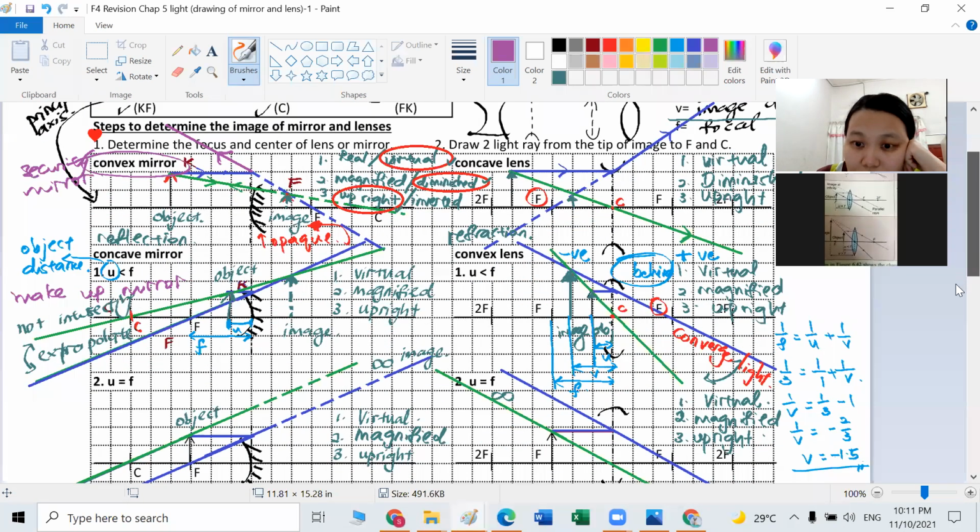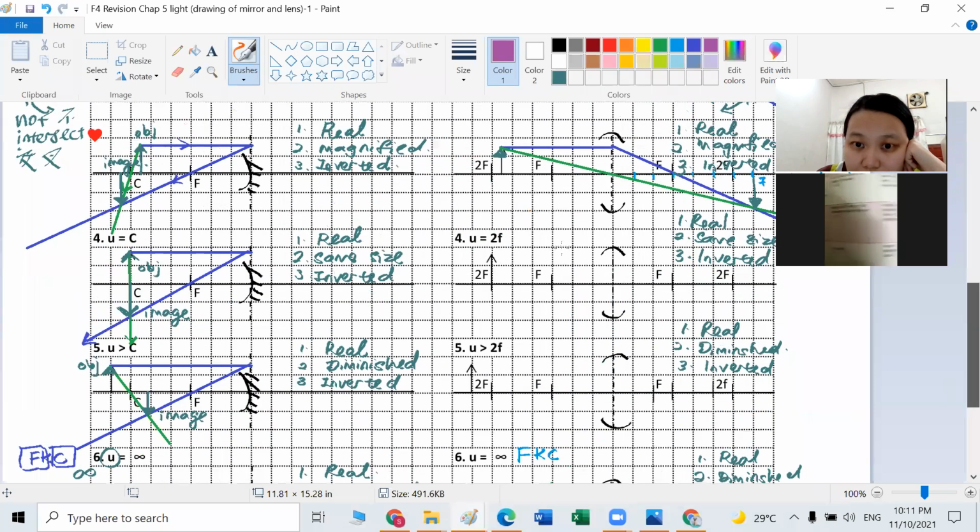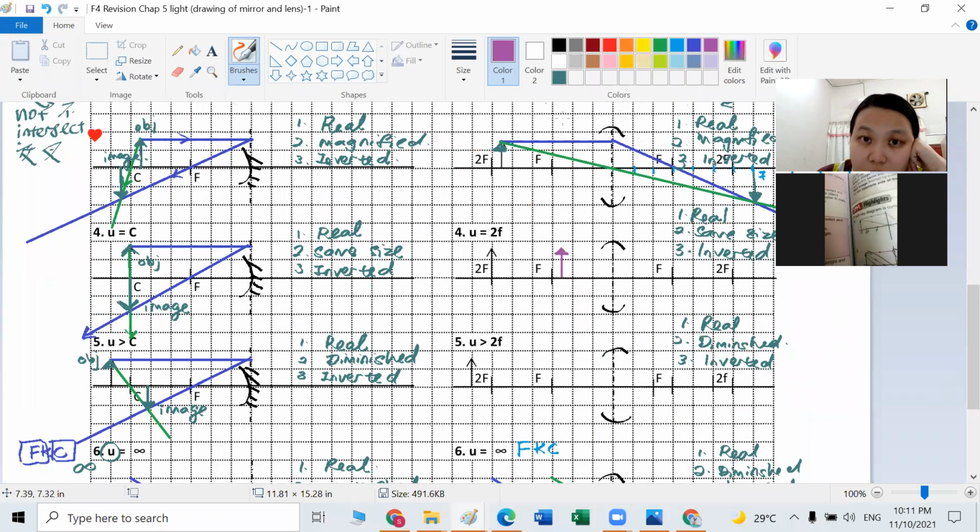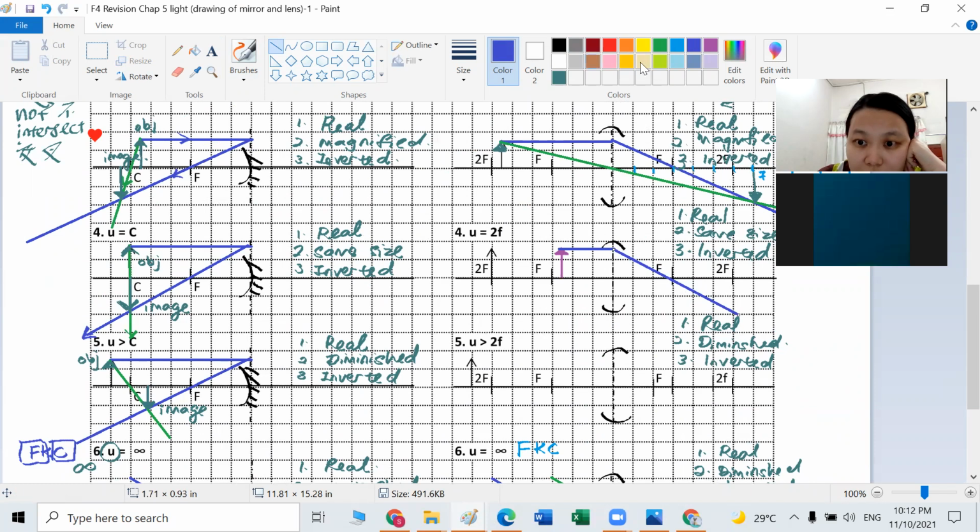Let's say the object is here, then F, and C. See, when it is close to F and you extrapolate, it will be longer.